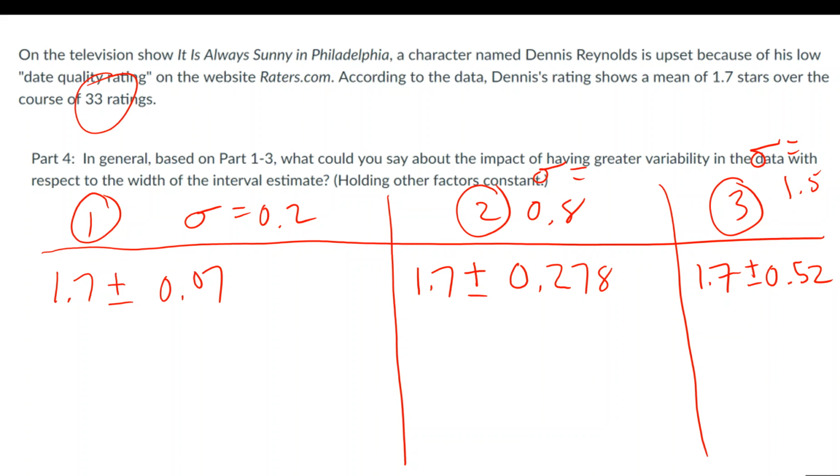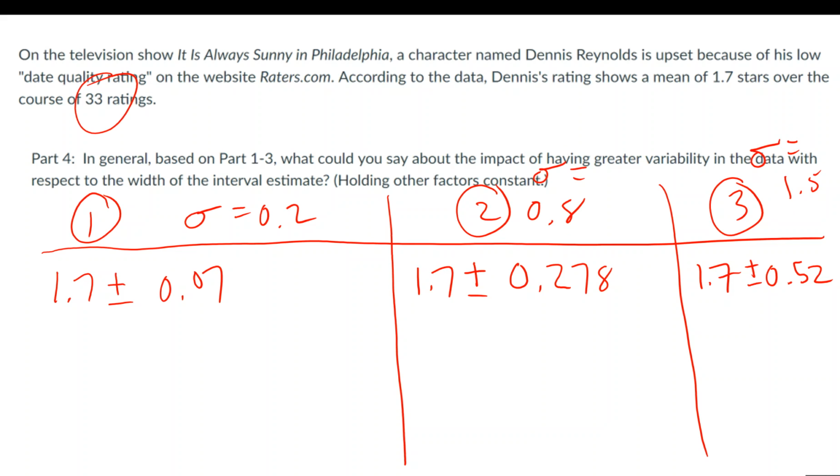So the margin of error, holding other quantities the same, is getting bigger when the standard deviation goes up, because there's more variability in the data set. So intuitively, it's going to be harder to estimate something. Think about it. It's harder to estimate what the truth is if the thing we're using to estimate the truth is more variable.